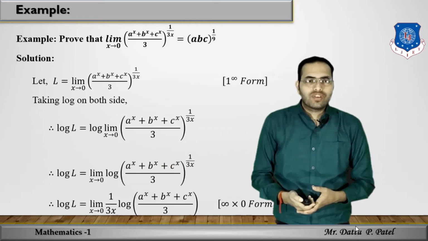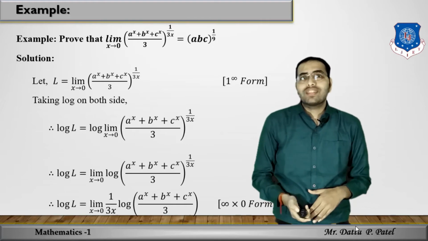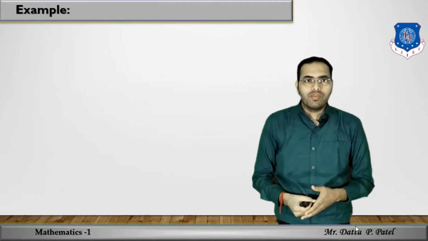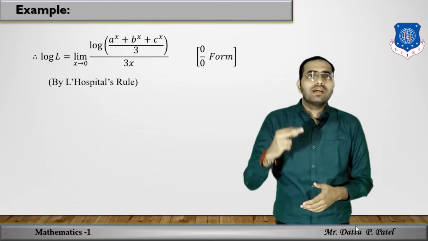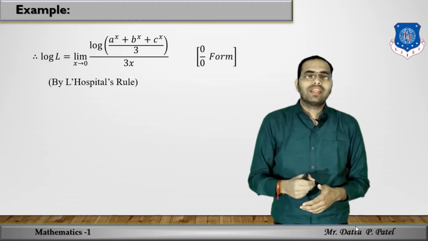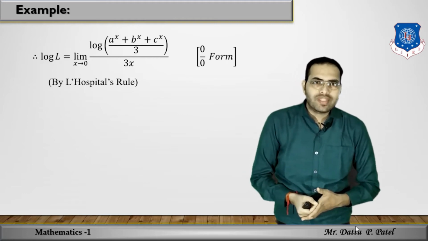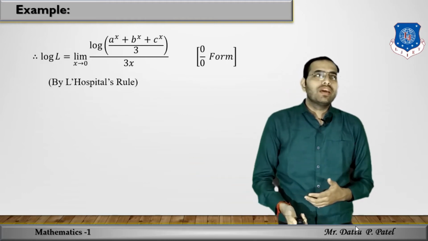Now simplify that term, meaning convert it to 0 by 0 or infinity by infinity form. Then limit x tends to 0, log of inside the bracket a raised to x plus b raised to x plus c raised to x divided by 3, divided by 3x. Obviously that is 0 by 0 form.